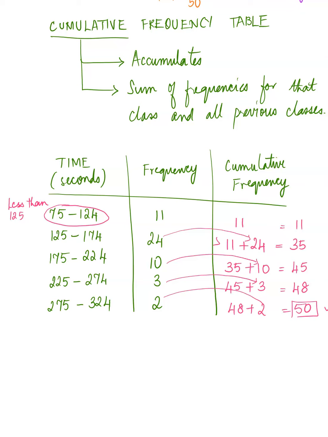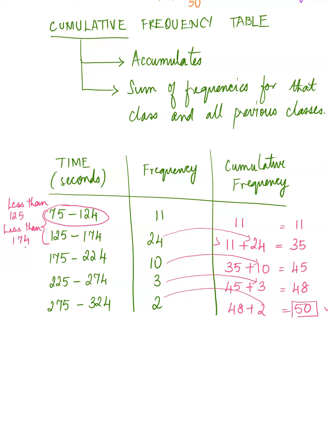And what would this be? The second one is a cumulative one, 35 this side, right? 35 here means these two together because it's a sum of a cumulative frequency for the two classes. So you can simply say less than 174, which includes the first class, right?